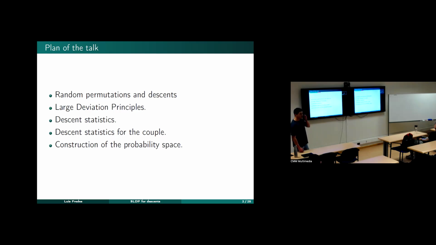After that, the state of the art in descent statistics. Then I will talk about descent statistics for the couple, and later I will say which couple we are interested in. And if time permits, I will talk about the construction of a probability space that lets us study the statistics of the couple.